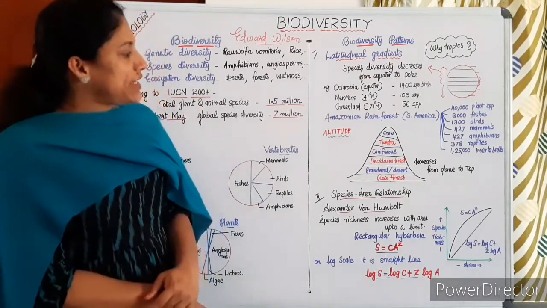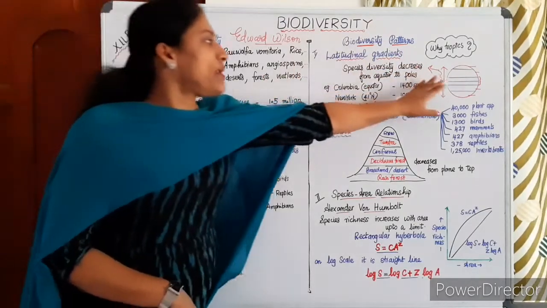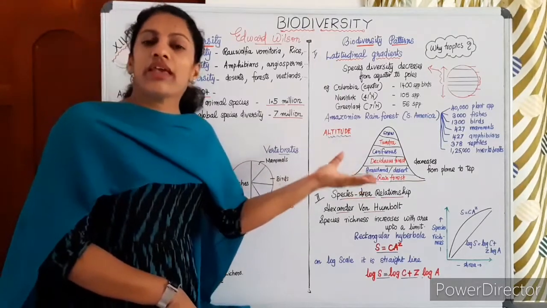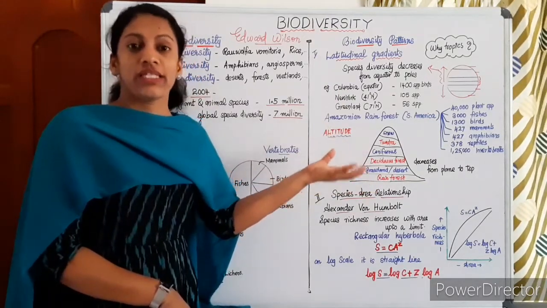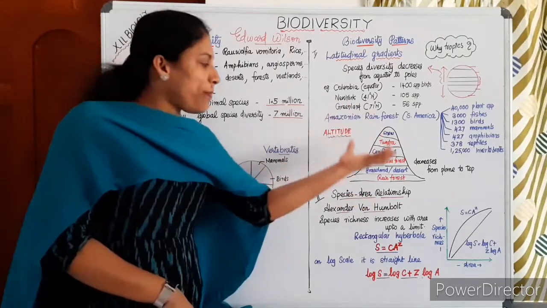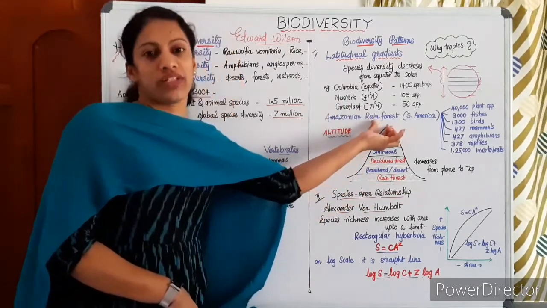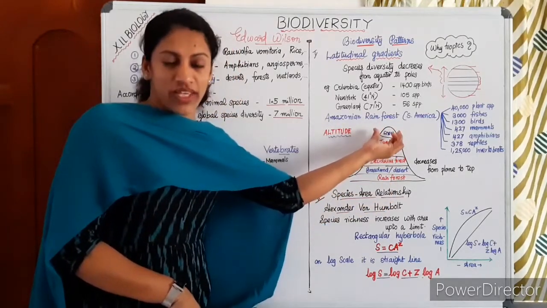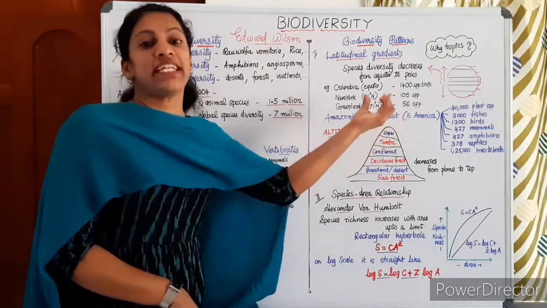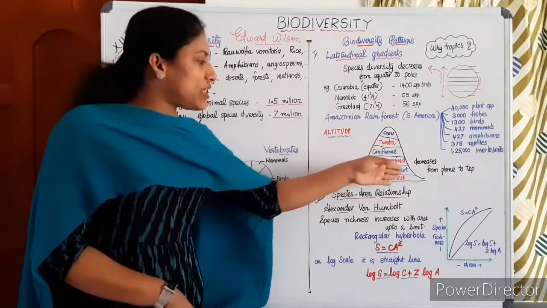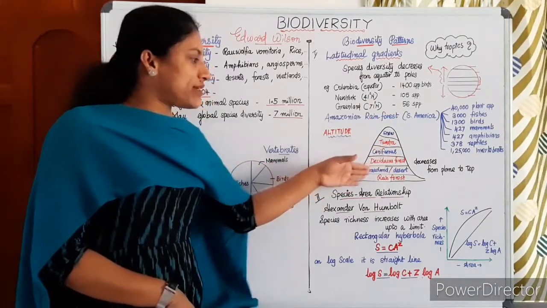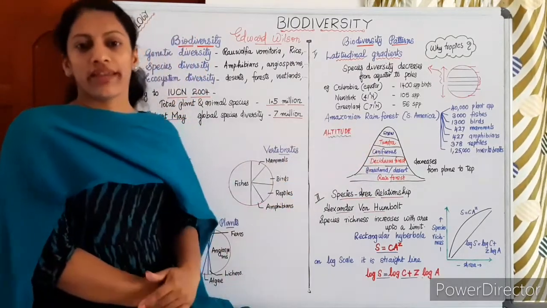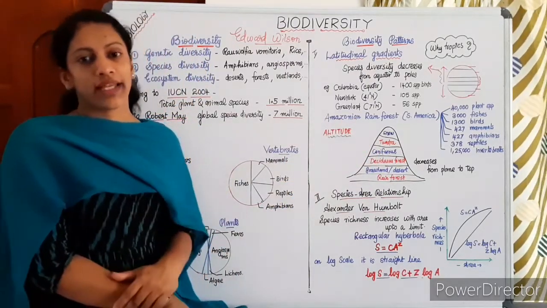Okay? Then in the same way, along the latitude and along the altitude, we can see the biodiversity decreases from the plains to the polar region and the mountain top. From plains to the top, biodiversity decreases. In the plains we see the rainforest, and next will be desert, grasslands, deciduous forest, coniferous forest, tundra, and snow-deposited areas.